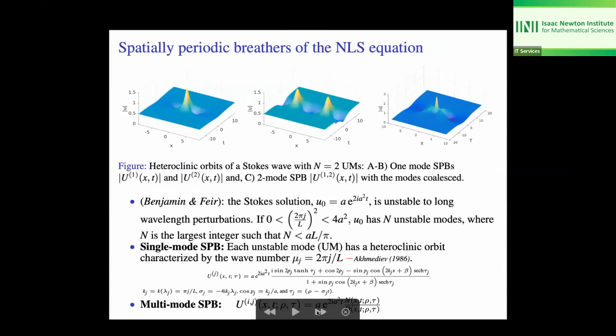So let's look at these spatially periodic breathers of the NLS. It's well known that the Stokes solution is unstable to long wavelength perturbations and has N unstable modes if you satisfy the appropriate relation with A and L. And each of these unstable modes has a heteroclinic orbit characterized by the wave number mu sub j.